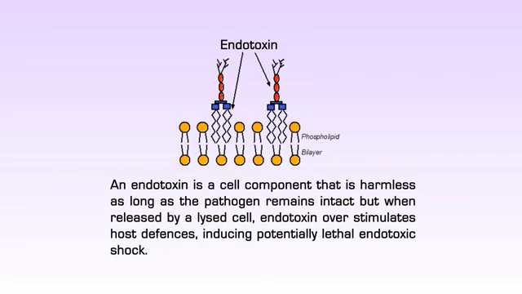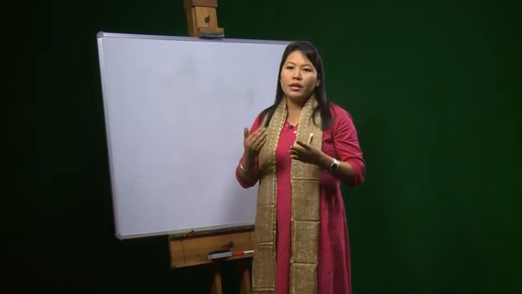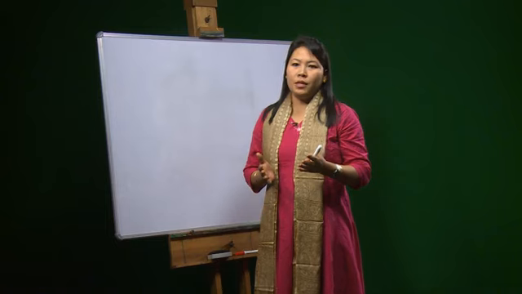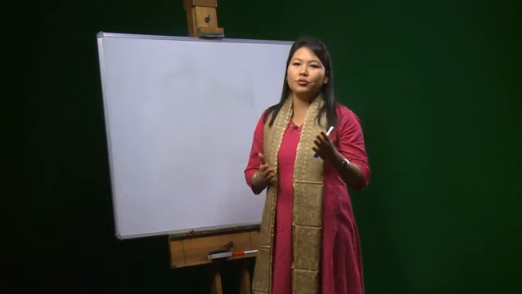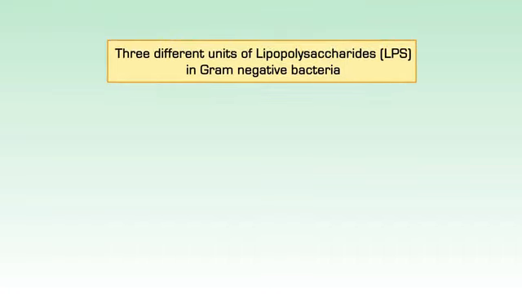But when released by live cells, endotoxin overstimulates host defenses, inducing potentially lethal endotoxic shock. Thus, antibiotic treatment of a lipopolysaccharide-containing pathogen can kill the cells, but also can lead to the death of the patient.